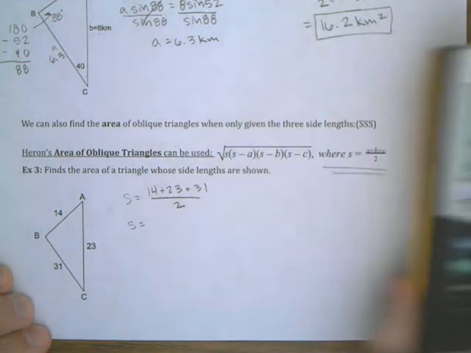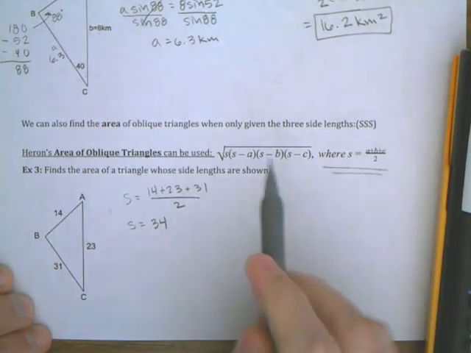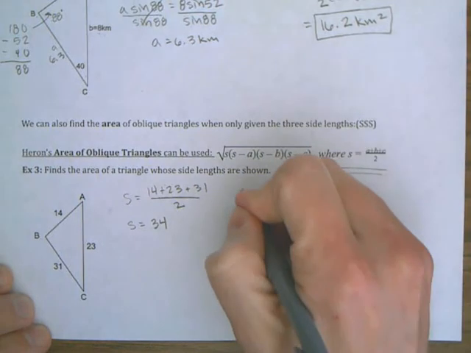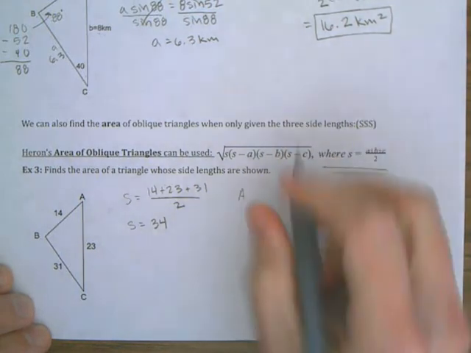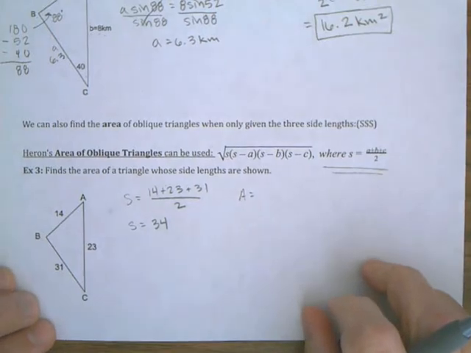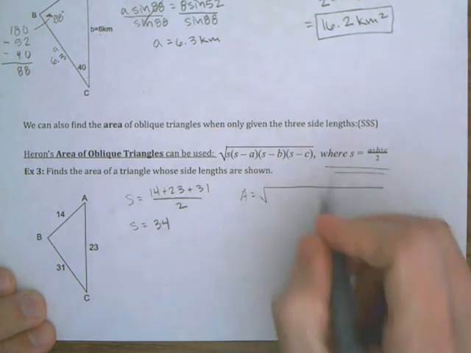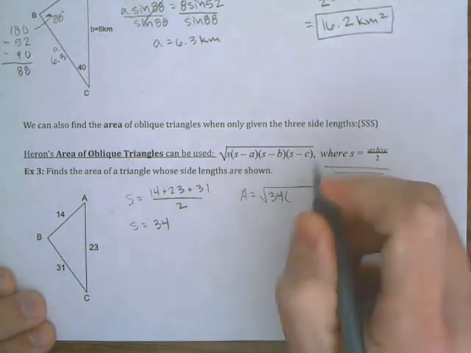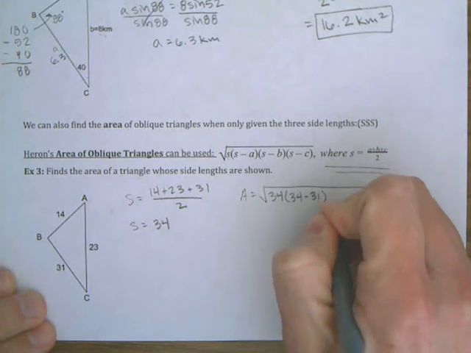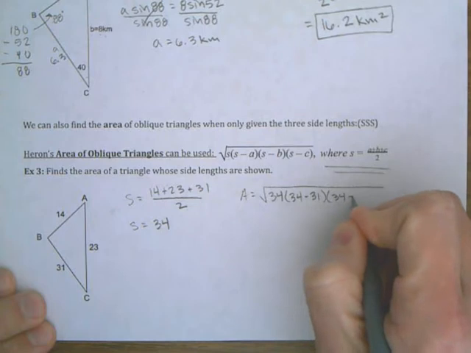Okay, but again, this is just some random magic number that is related to this random magic area formula. I would love to explore with you how this came about, but we don't have a whole lot of time for that in our notes right now. So we're just going to plug in these numbers. 34 is S, times 34 minus A, times 34 minus B. And again, if you get these mixed up, that's okay, because we're just multiplying all these things.